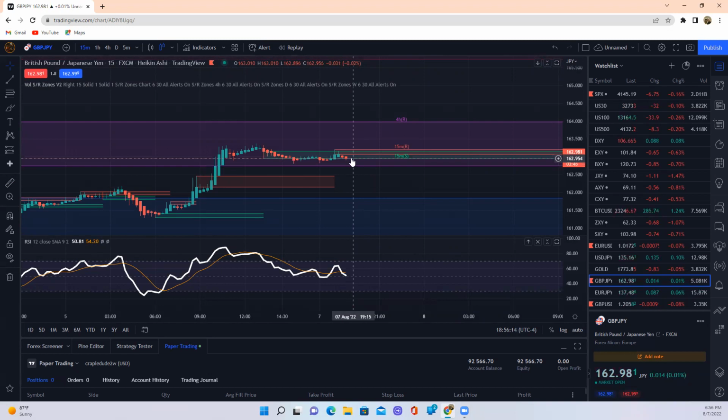You're going to get a pretty big move for the most part after that retest. So that's a good way, best practices when it comes to trading breaks of structure, breakout trading.